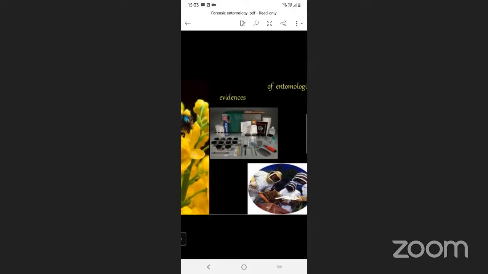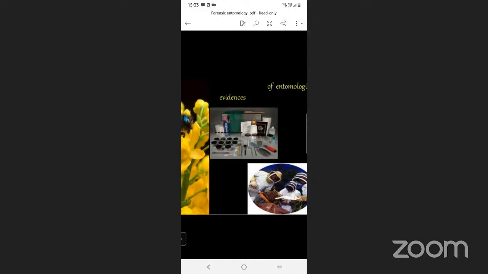So there are parameters for estimation of time of death, like whether it is warm and the body not stiff, warm and stiff, cold and stiff, or cold and not stiff. These conditions will help.